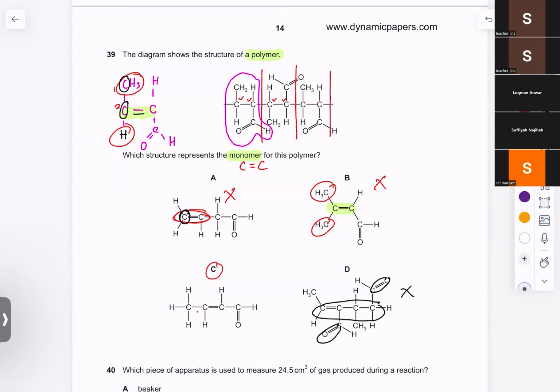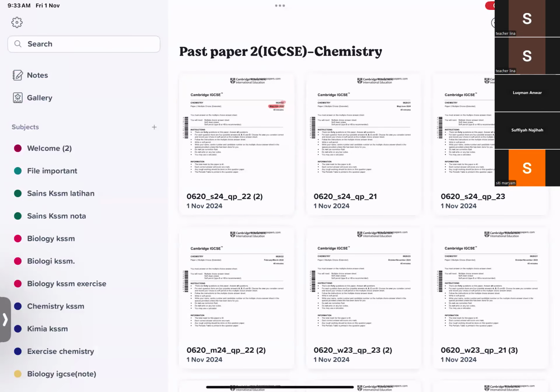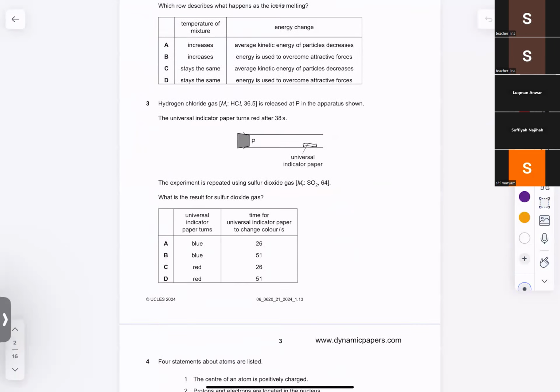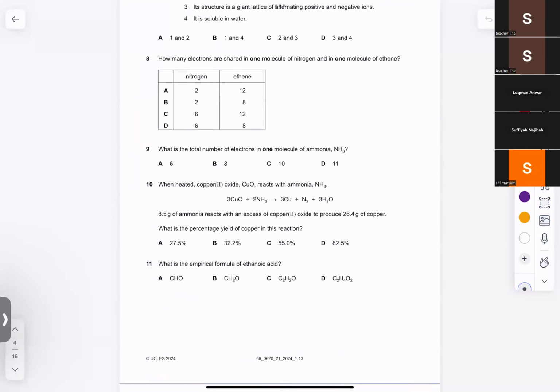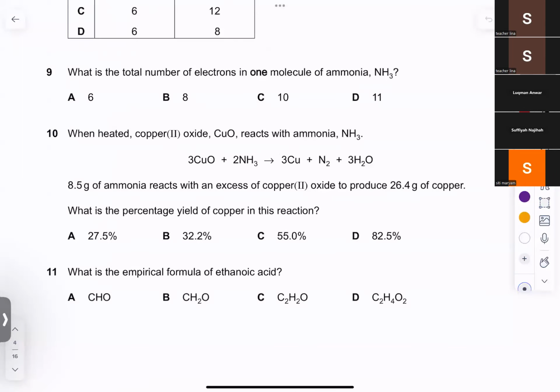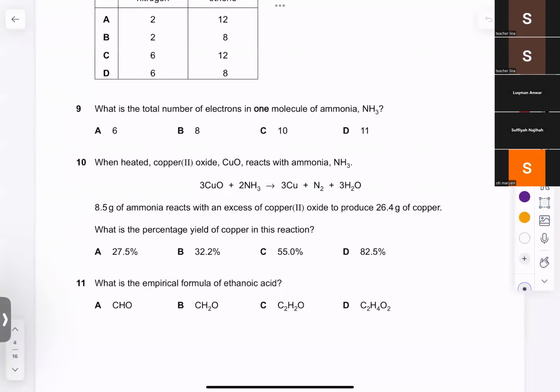May June 2024 variant 1. Question number 10. Okay, calculation.